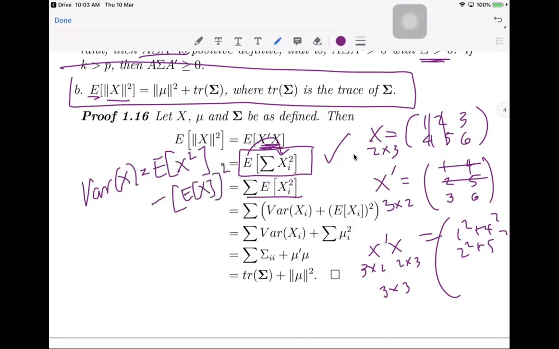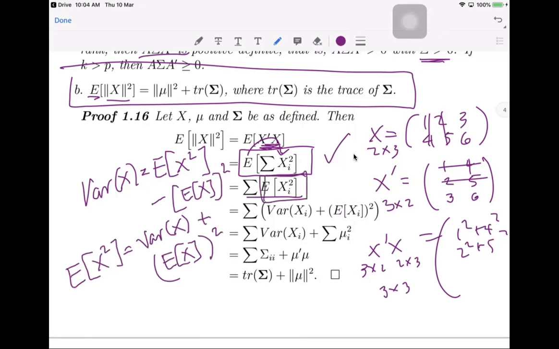This means that the expectation of x squared is equal to the variance of x plus the quantity expectation of x squared. In the multivariate case, it can be written as the variance of x i plus the quantity expectation of x i squared. Until this step, that is okay.